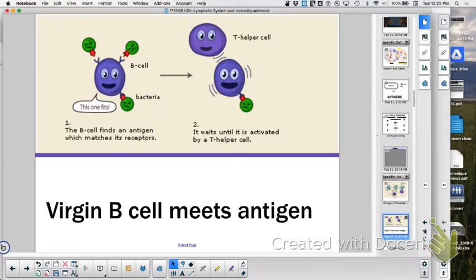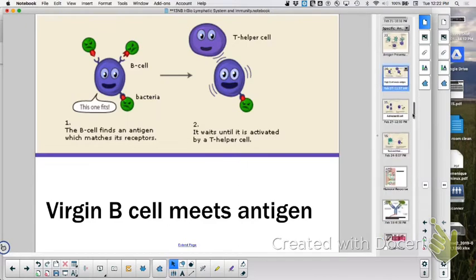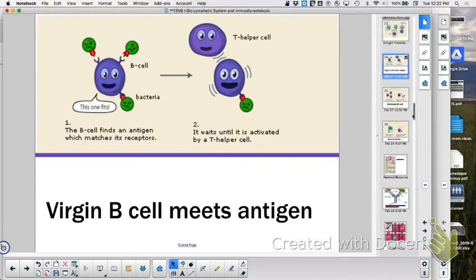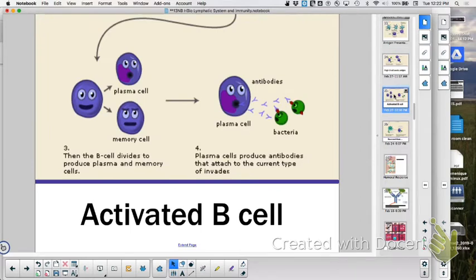Once a B cell is activated, if you recall, then a B cell will develop into two different cells. He will make plasma cells, and plasma cells secrete antibodies. Antibodies mark the specific bad guy for destruction. Remember, what's the shape of an antibody?